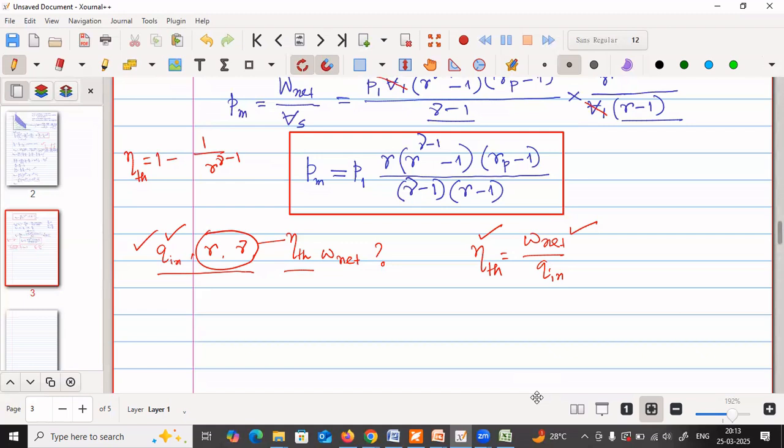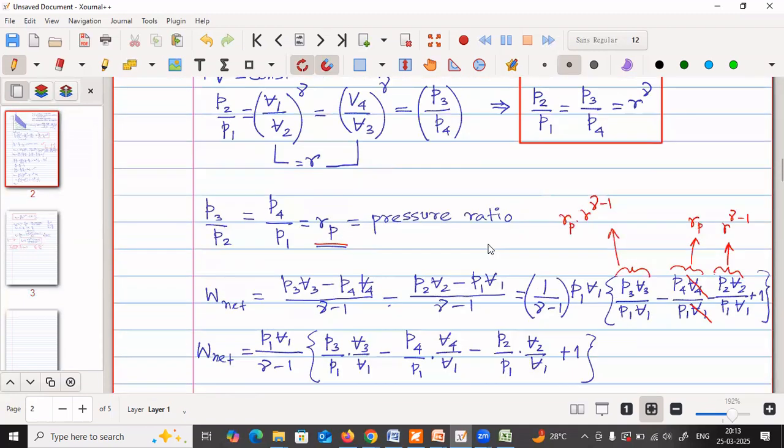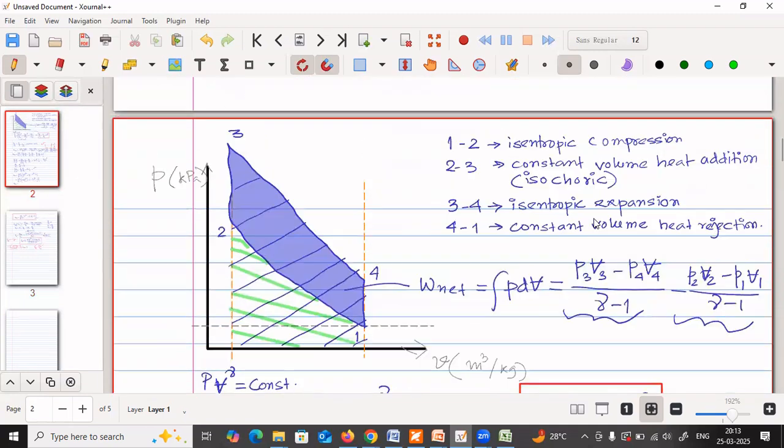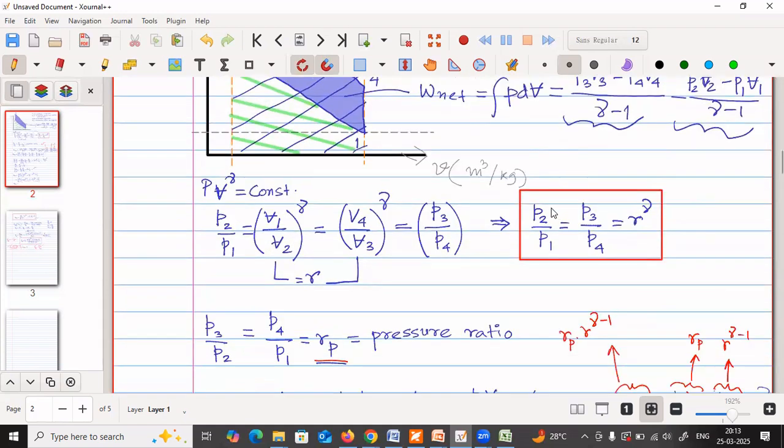Okay. So we have shown the quantities like this.